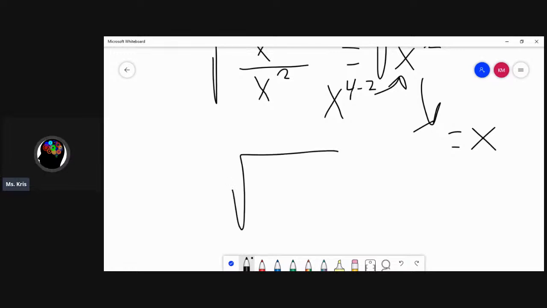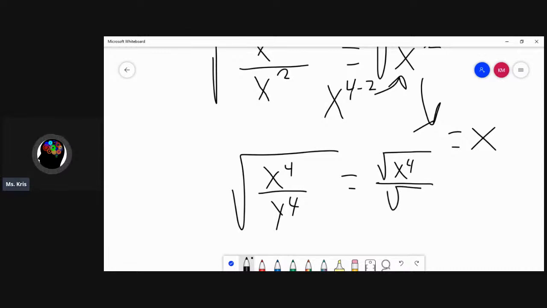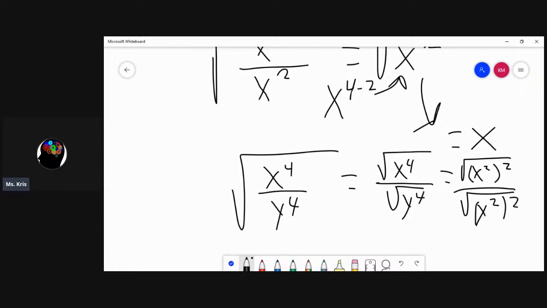So you have the square root of x to the 4th over y to the 4th, which of course will give me the square root of x to the 4th over the square root of y to the 4th, which turns out to be the square root of x to the 2nd raised to the 2nd power over the square root of y to the 2nd raised to the 2nd power.